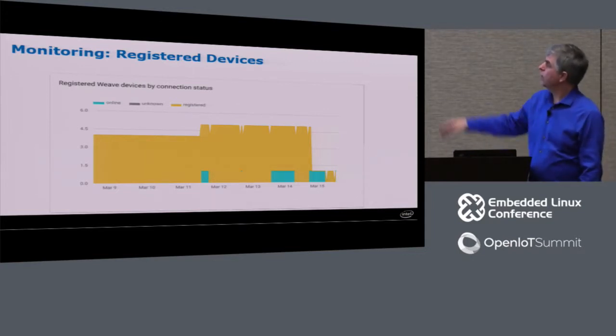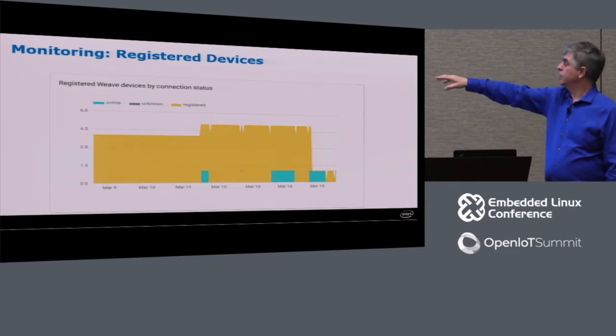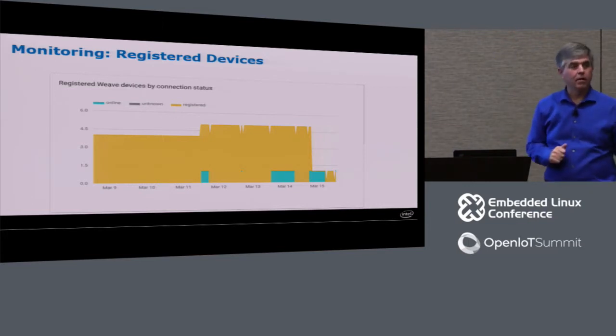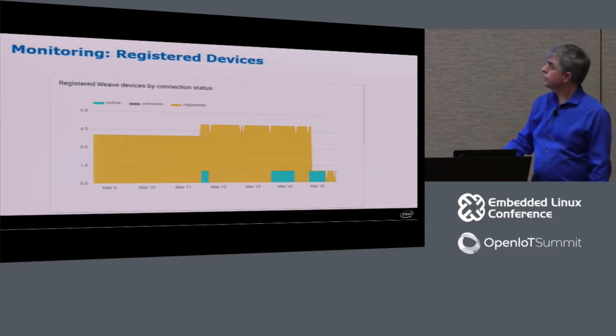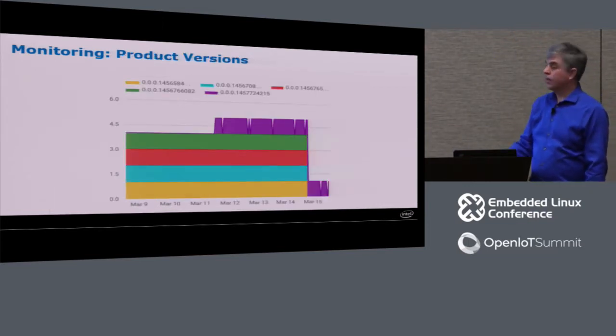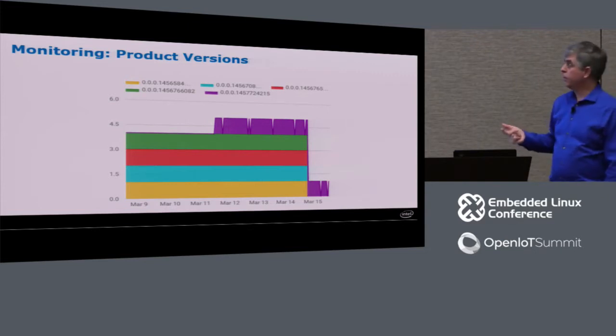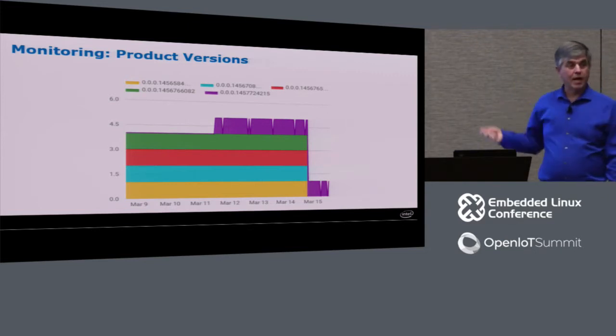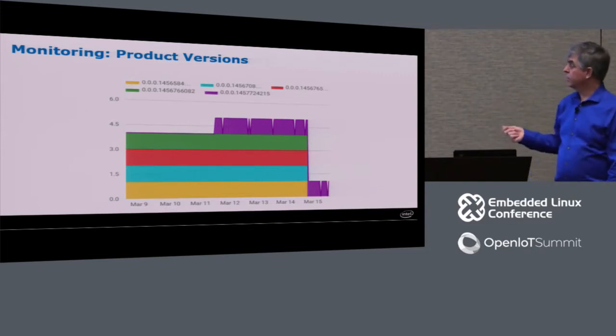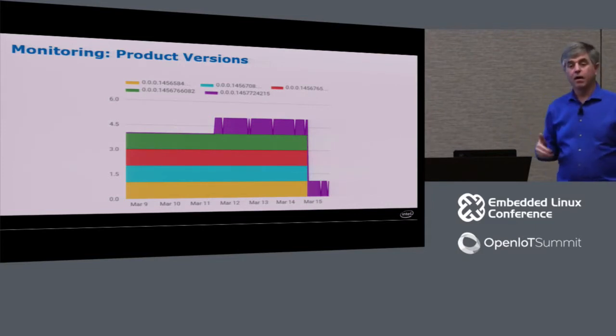This is which devices are online that are registered, and here you're seeing in blue the onlines versus the total registered in yellow. And product versions. Over time, as you use the OTA mechanism to publish updates for your device, these updates will get pushed out to the physical devices, which check in every now and then, certainly when they have web connectivity.